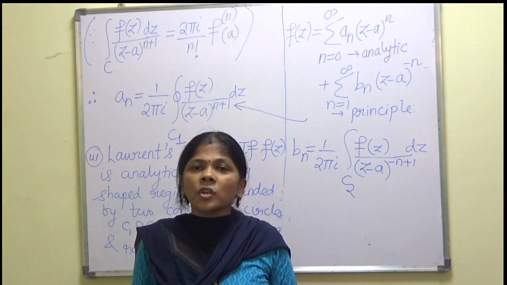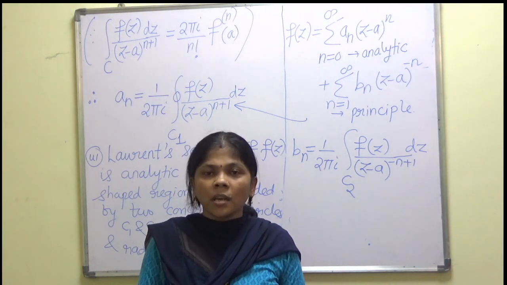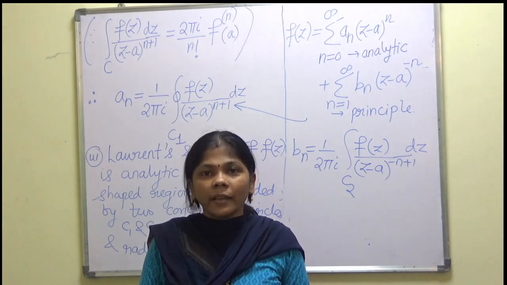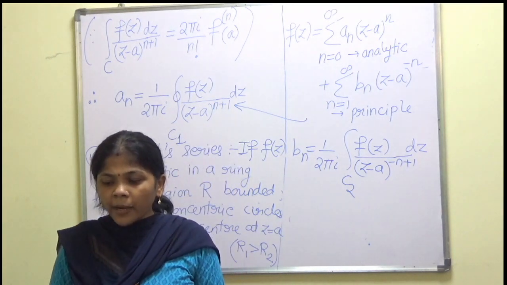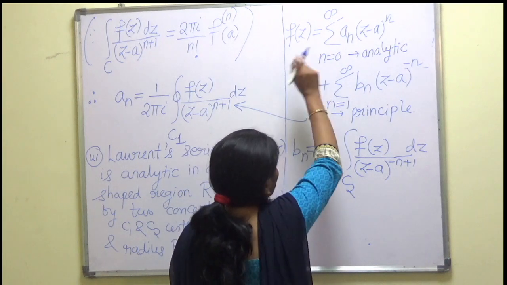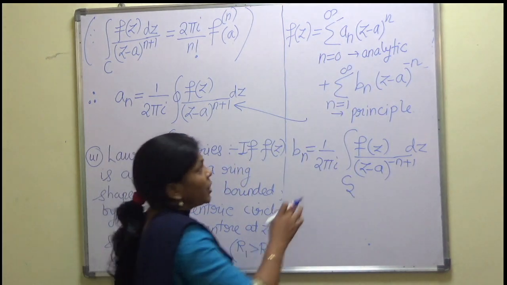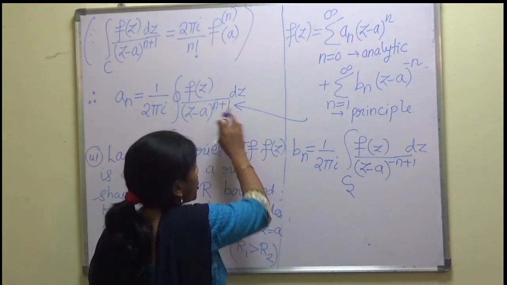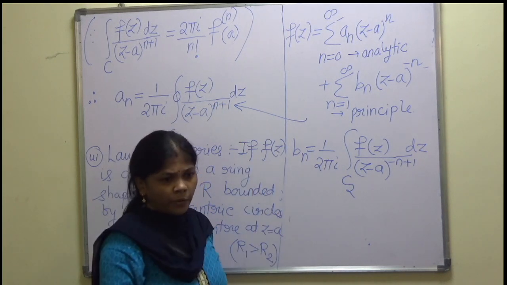Now again note one thing: in order to have the Taylor series expansion or Laurent series expansion, we need to know what a_n and b_n are, which are obtained by the Cauchy integral formula using these two formulas, isn't it?